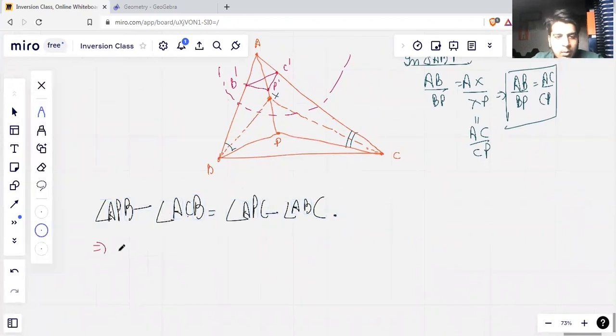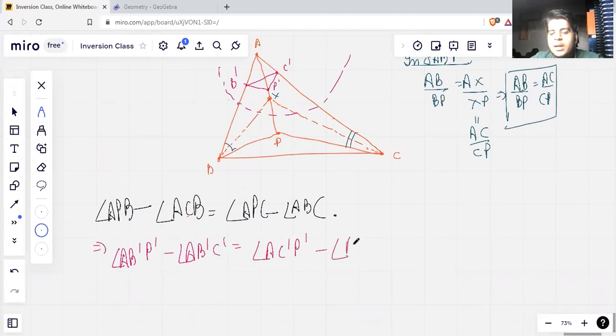This will be equivalent to angle AB dash P dash minus angle AB dash C dash equal to angle AC dash P dash minus angle AC dash B dash.